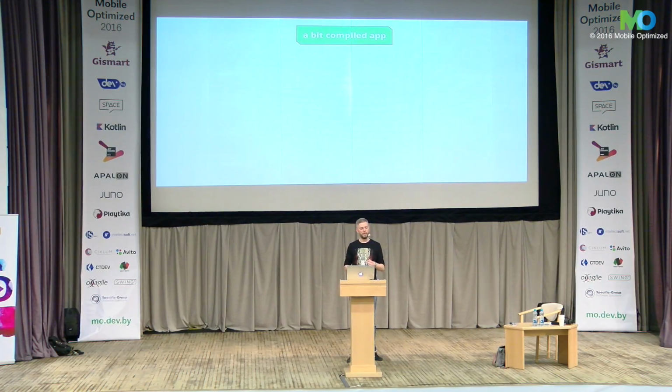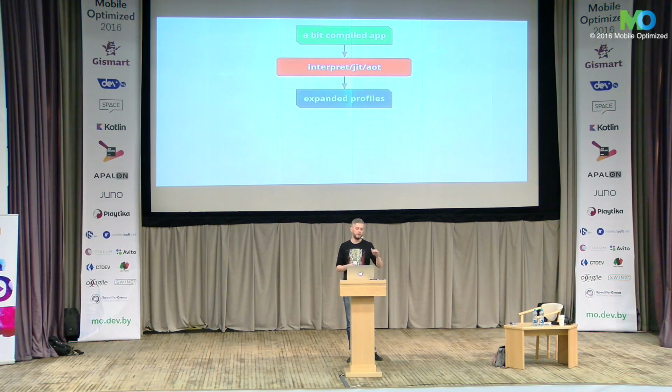So when I start the application again, now it starts a bit faster because there is no need to interpret the first screen of the application, because it's already compiled. So it's using the compiled version in native code. And of course, as I'm playing with the app some more, profile files are being written down onto disk. And because of that, more parts of the application are being compiled into native code. Then this service kicks in once again, and it's converting those extra parts of the application that I'm using into native code.